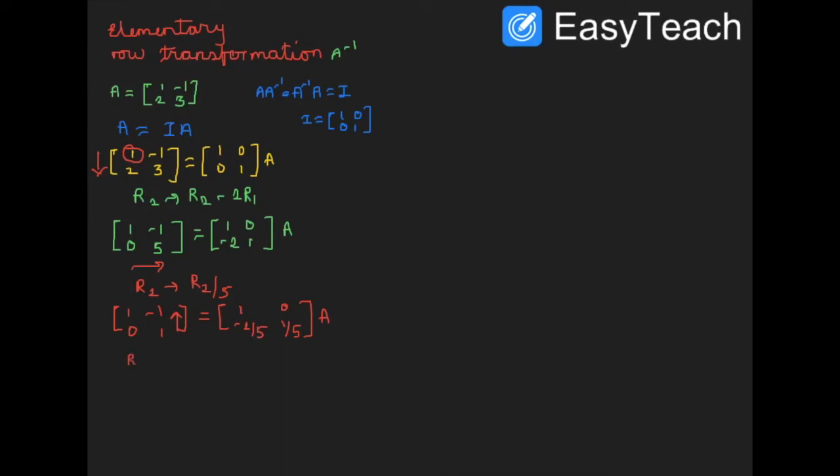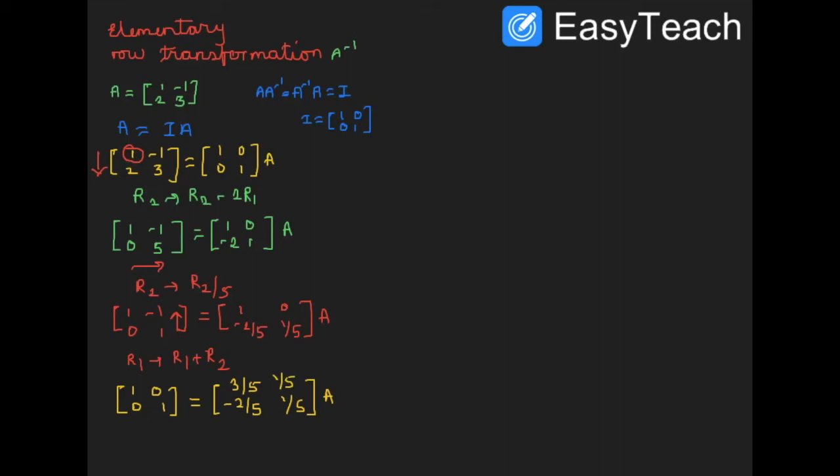R1 tends to R1 plus R2 should give me my final step, which is a change in R1. No change in R2. I'm writing R2 as it is, equal to minus 2 by 5, 1 by 5 and A, and this will be 1, 0, and this is a 3 by 5, and this is a 1 by 5.